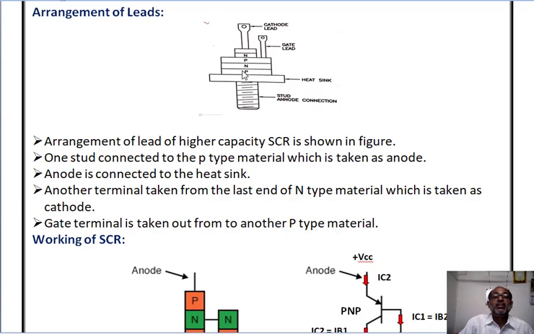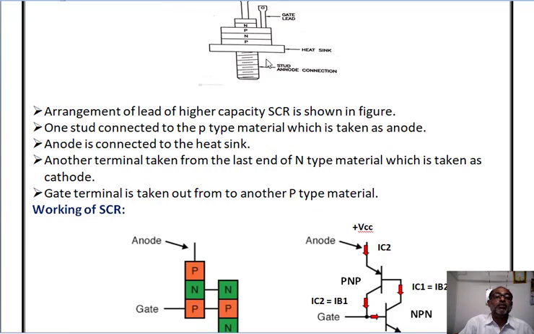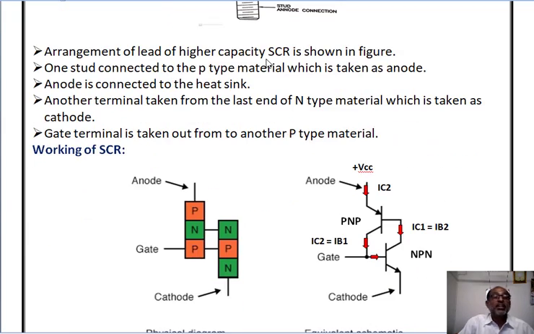The other terminal is taken out from the last end of the N-type layer, which is taken as the cathode, and the gate terminal is taken out from the second P-type material. Now let me see the working principle of this SCR.